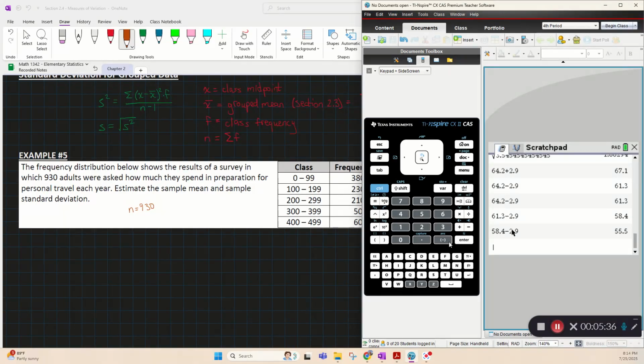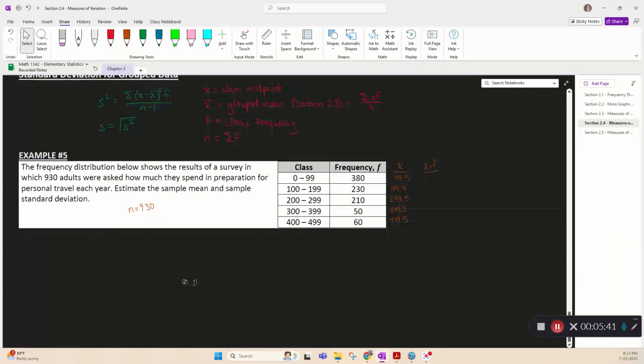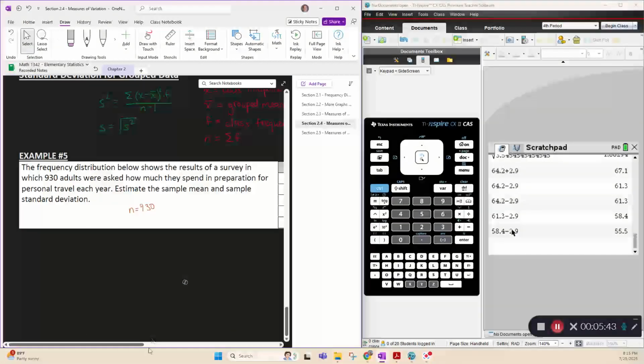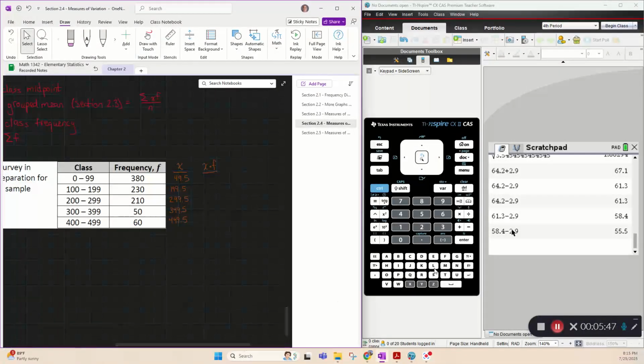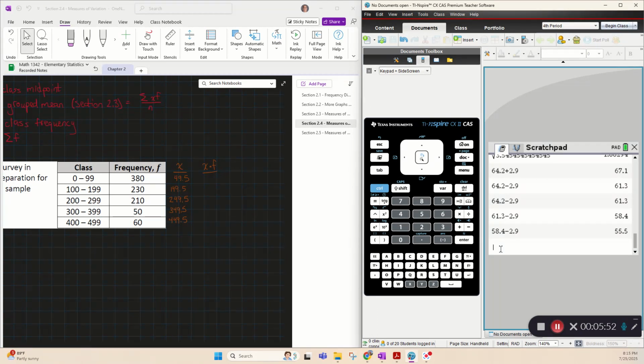Okay, then I need to do x times f. Let me see if I can do it this way. There we go. If I scroll over, we can see both. Okay. So we're going to have x times f.